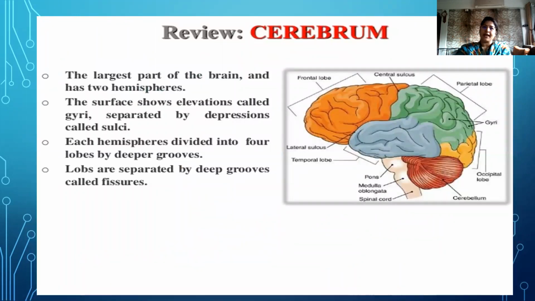As you know, the brain has two hemispheres, and the surface of the brain has its own elevations, which are called gyri, and depressions, which are called sulci. Each hemisphere divides into four lobes by deeper grooves. The lobes are separated by the deeper grooves, which are called fissures.